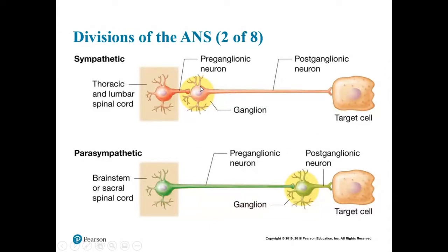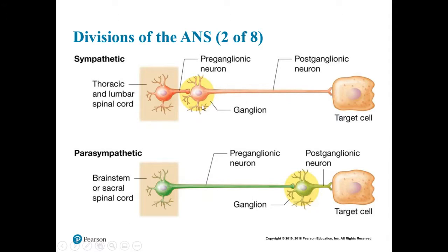This ganglion is located just a couple inches away from the spinal cord. This preganglionic neuron is very short in relation to the postganglionic neuron, which is very long. That post connects all the way down to the target tissue, and it transfers the signal from the brain to the spinal cord to the interneuron, to the ganglionic neuron, to the postganglionic neuron.